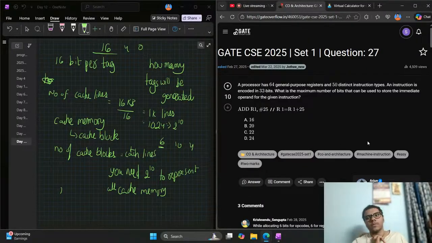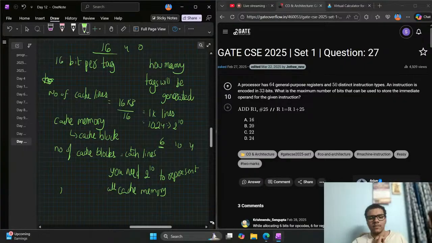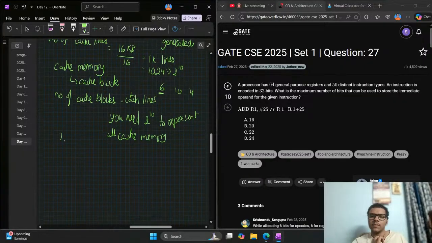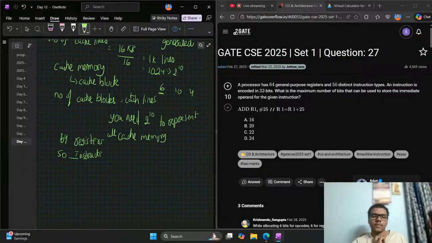Sixty-four general purpose registers and 50 distinct instruction types. An instruction type is encoded in 32 bits. How many bits can be used for the immediate operand? 64 registers and 50 instruction types. 32-bit. Okay.